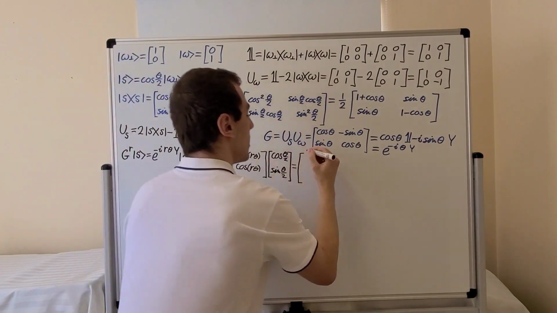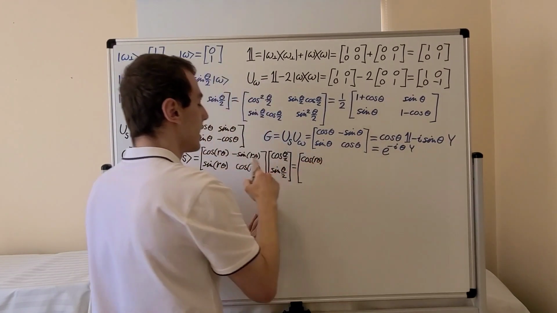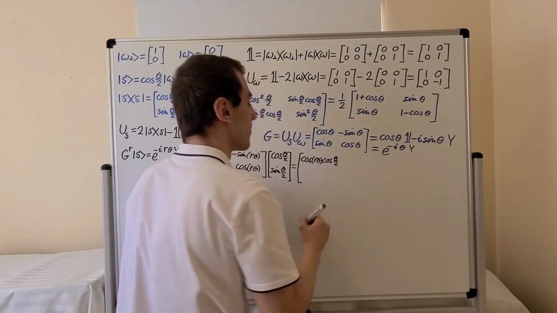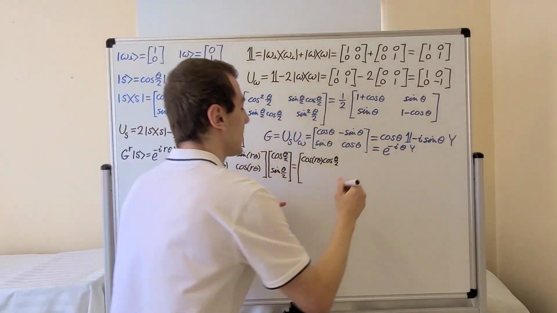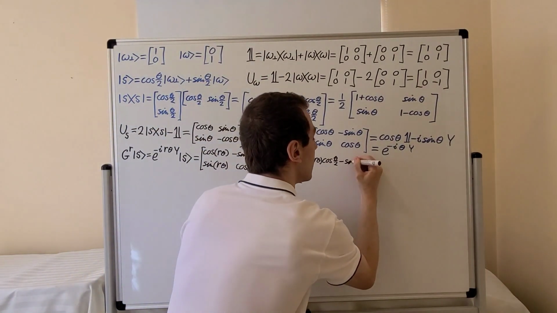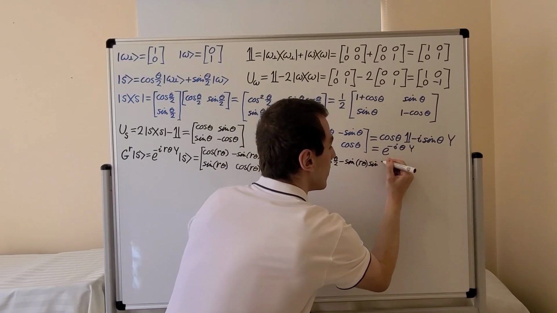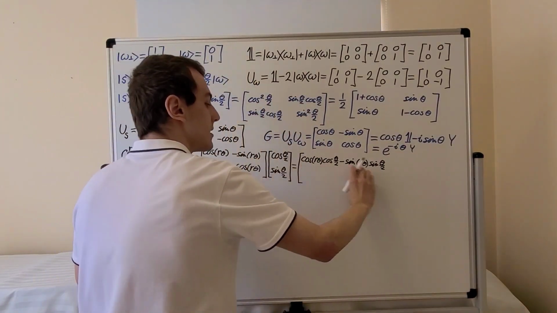That's going to give us cosine of r theta times cosine of theta on 2. And that's our first part. And then the next part is going to have this minus sign. So we're going to have minus sine of r theta, sine of theta on 2. And what about this term over here?